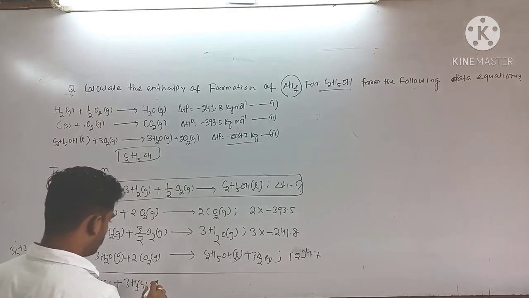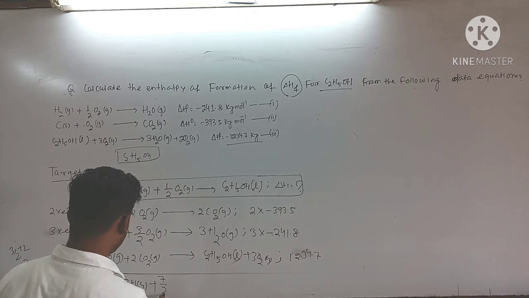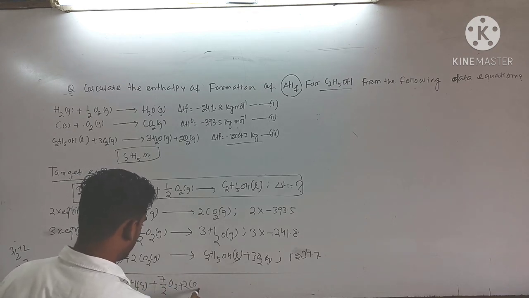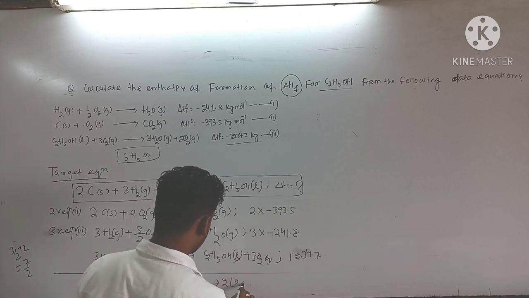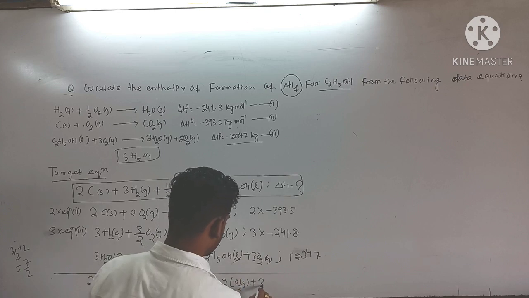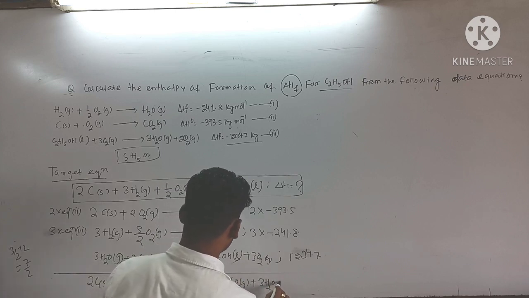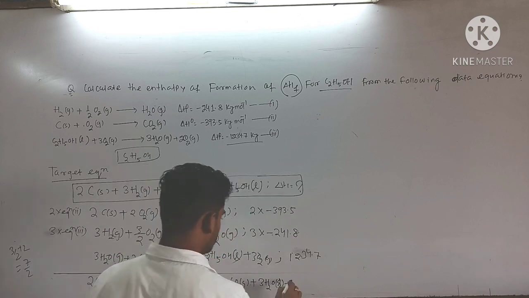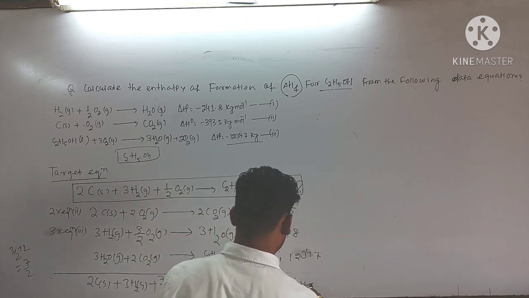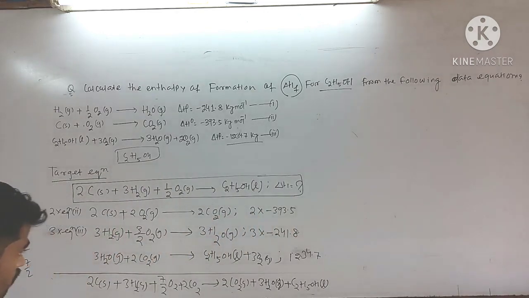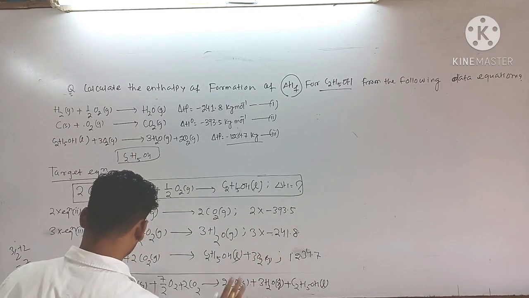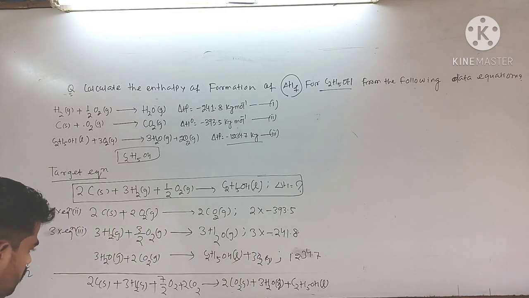So this will be 7 by 2 O2 plus 2CO2 giving rise to 2CO2 gas plus 3H2O gas plus C2H5OH liquid. Clear?